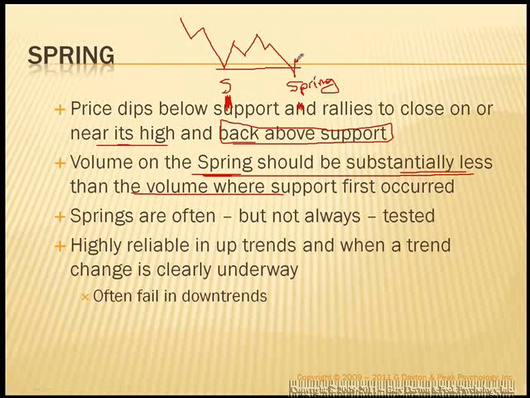Here's the dilemma about springs. Springs are often, but not always, tested. So we'll see the market rally up a little bit, test first, and then take off, but not always. Some of the best springs just go straight up, almost. When we're in an uptrend, they're very reliable.